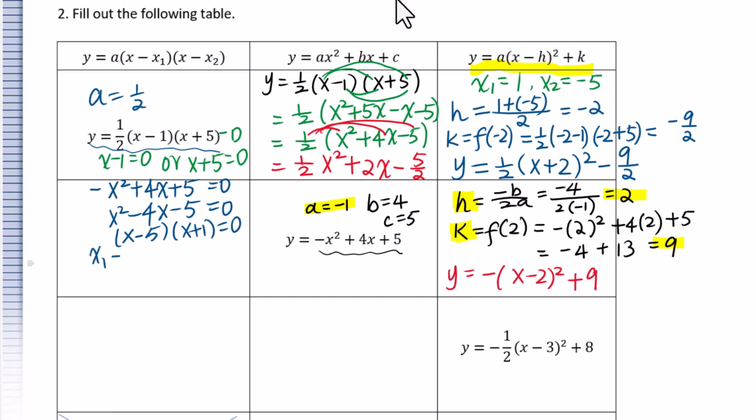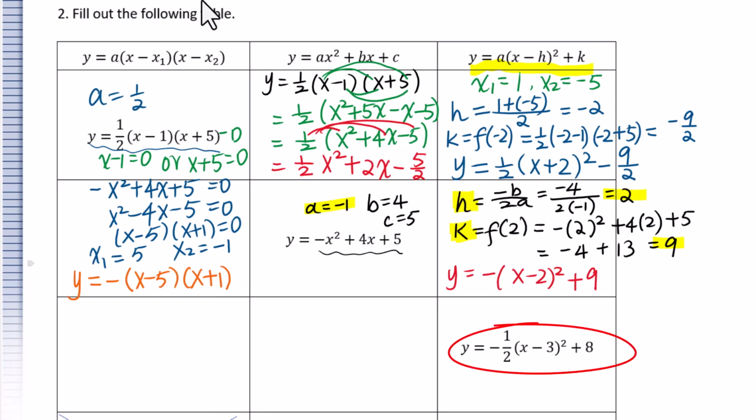So we have x1 equals 5, x2 equals negative 1. y equals, a is negative 1, so a negative sign, (x minus 5) times (x plus 1), because x minus x2. That's why we got x plus 1.